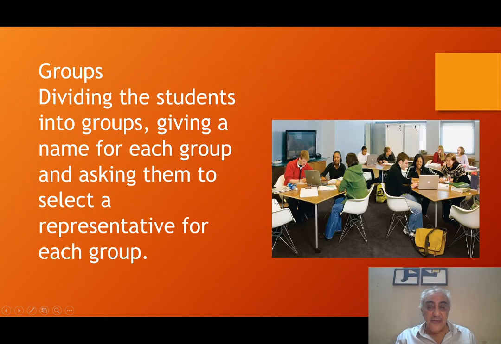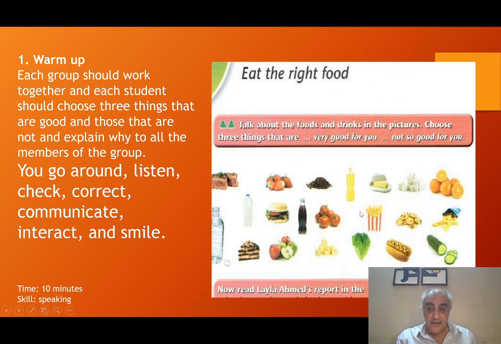Let the students talk to each other and try to explain which types of food are healthy. Maybe they don't know the meaning or the vocabulary here, so it's okay to use some Arabic.